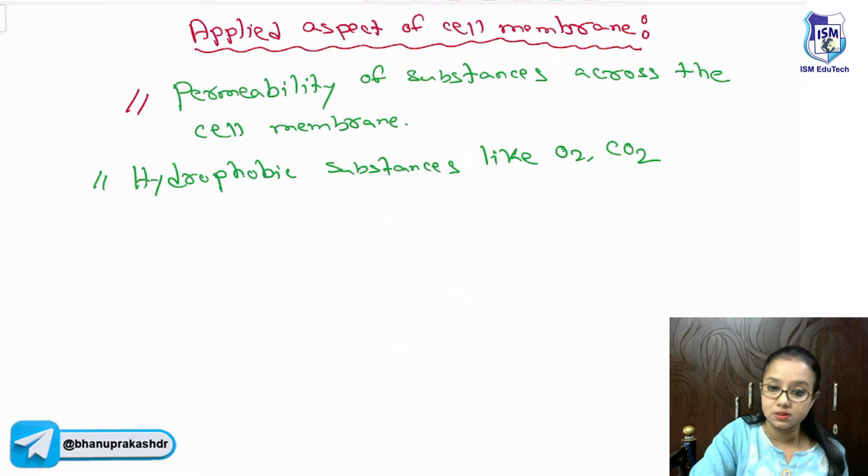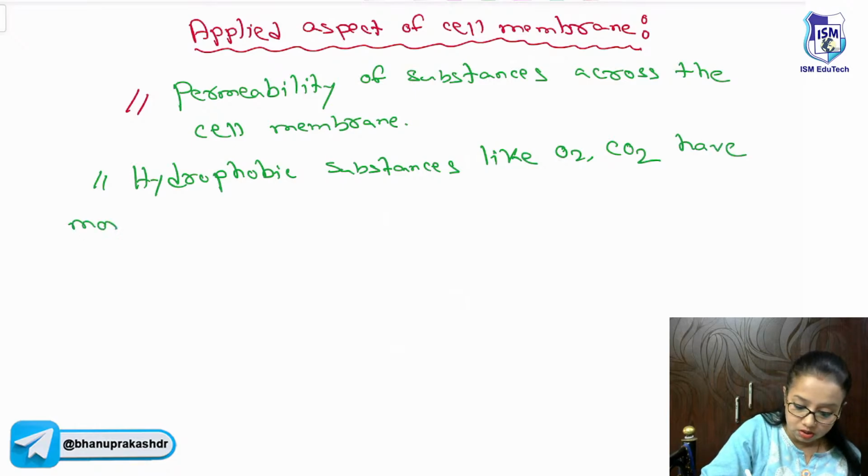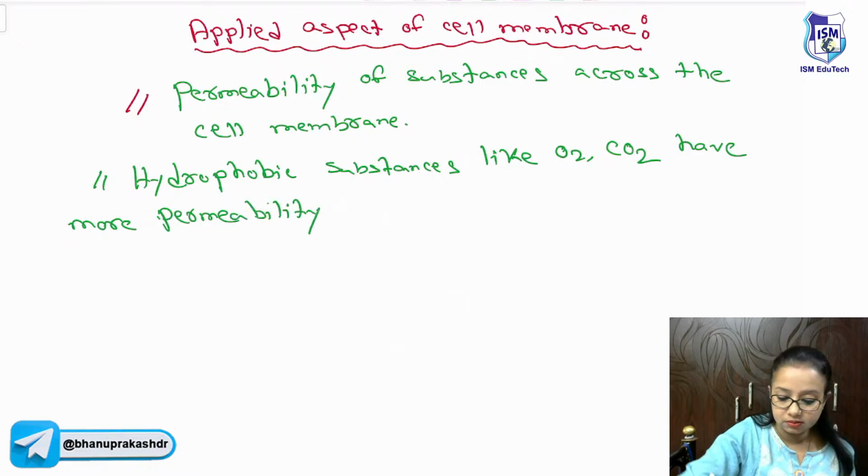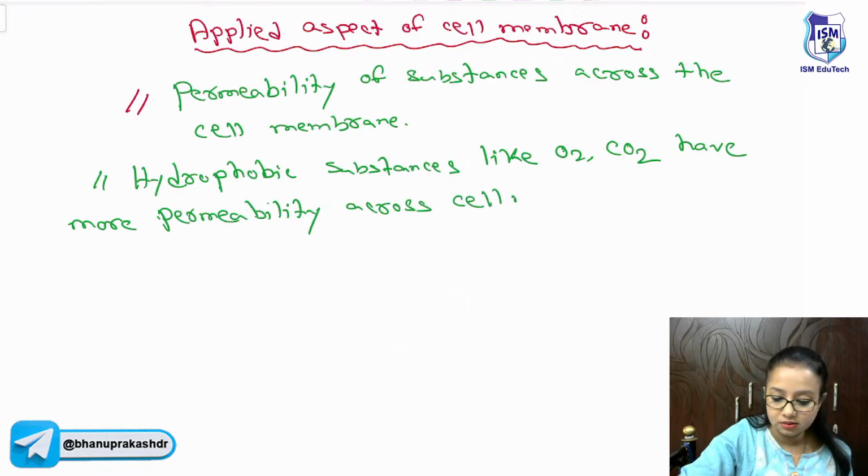But hydrophobic substance also means lipophilic, like they don't like water but they like oil, means the lipid portion of it. So hydrophobic substances like oxygen, carbon dioxide have more permeability across the cell membrane.